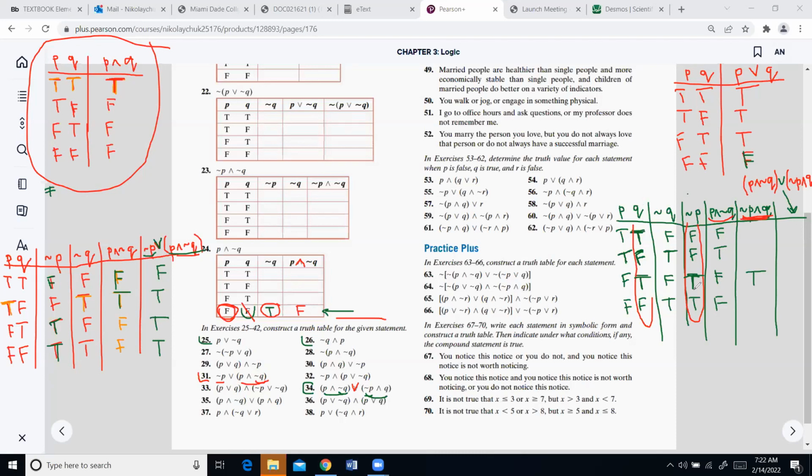Just the ones that are highlighted, because we're preparing our table right now. So that's the only T. Do you see that nothing else has 2 T's? First row has T and F. Second row has F and F. The last row has F and T. So all of them will give us F's.